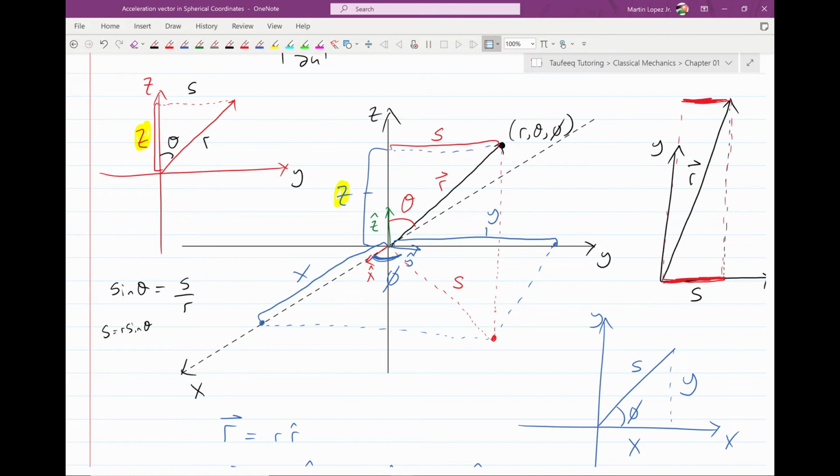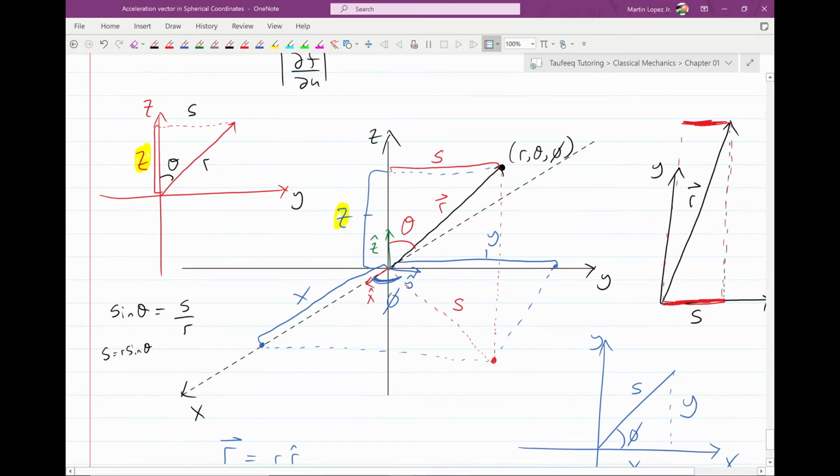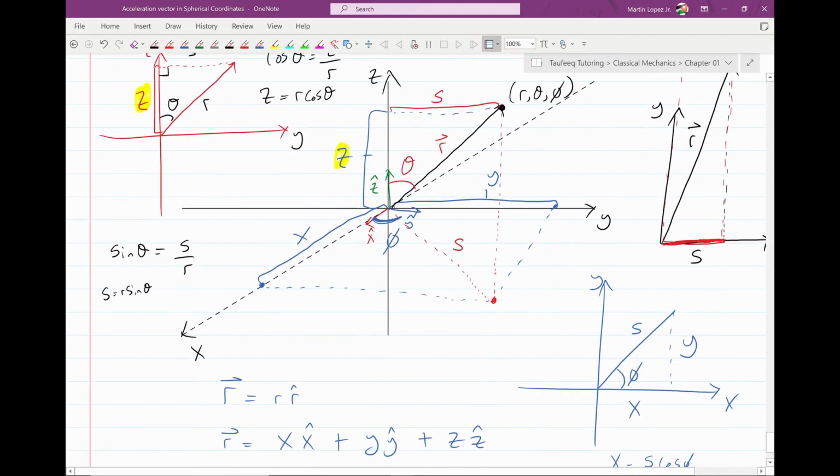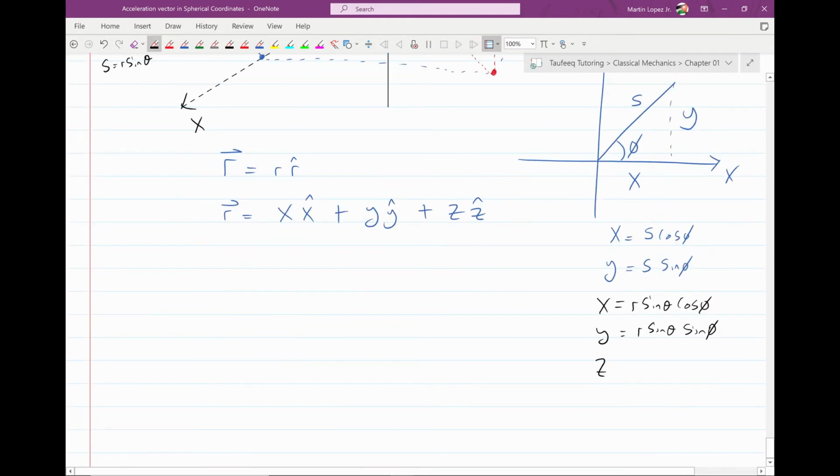Now we also want to get z as a function of r, theta, and phi. And we can use this same 2D diagram here. If we take the cosine of theta, we'll get that is z over r. Right? This is the right triangle right here. Z over r. So z is equal to r cosine theta. And we're done.